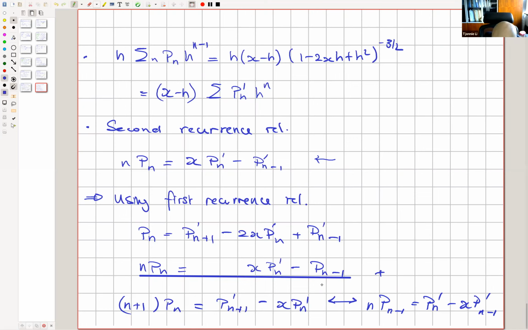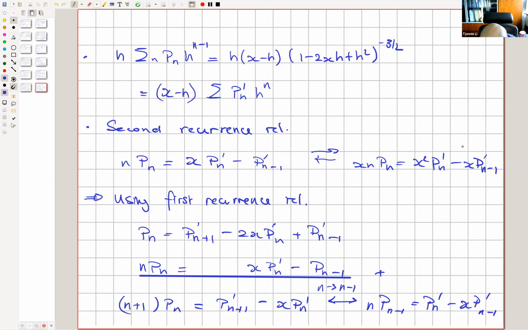So in this case, what we've done is we've gone n to n minus 1. Now, again, when we look at the second recurrence relationship here, I can also write this. If I just multiply both sides by x, I get xn Pn equals x squared Pn prime minus x Pn minus 1 prime, like this.